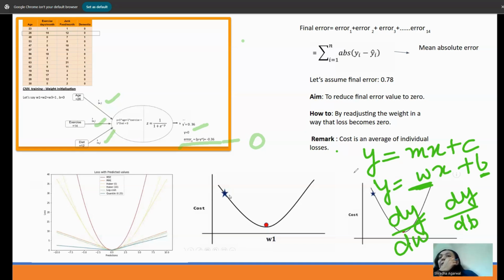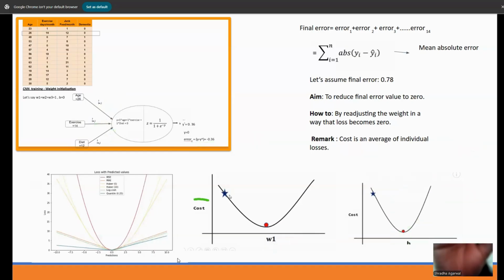We also have dy by dx. All these things are changing. So that's what we are trying to do here. We are trying to plot your change or your cost function with respect to your W1, and here your loss function, which is now your cost function. So cost function is when we have the summation here.